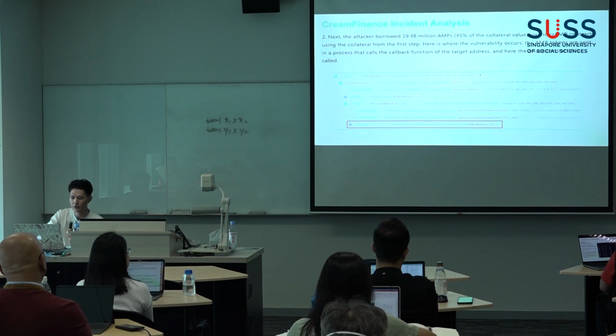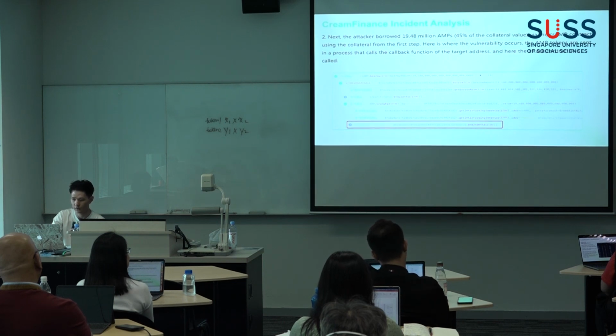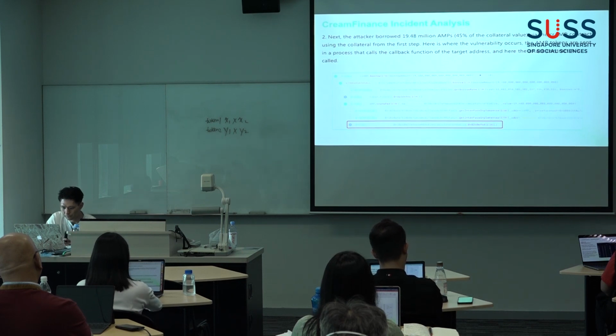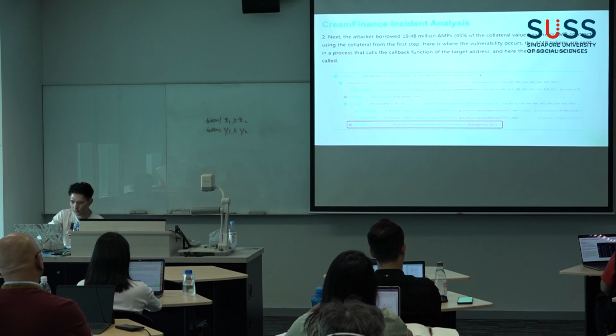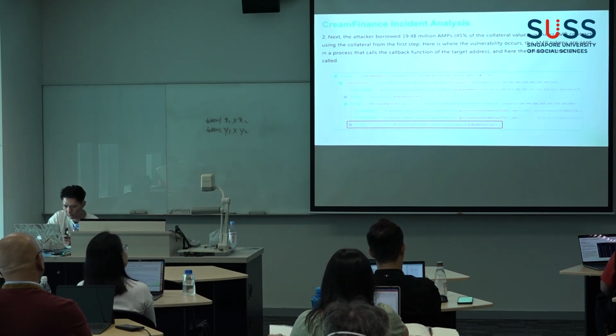So AMP token is vulnerable because it actually falls in the pattern of yesterday's reentrancy vulnerability that calls back to the function of the attacker's address. So as we can see, the attacker's address, starting with 0x38C4, was called back by this AMP token.